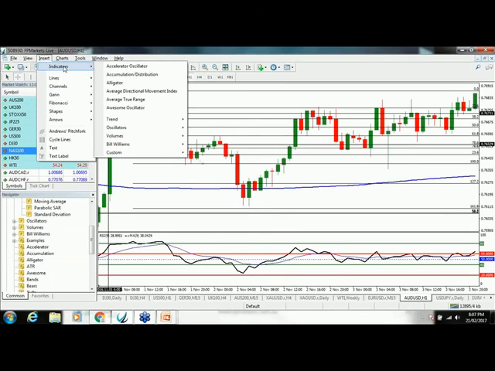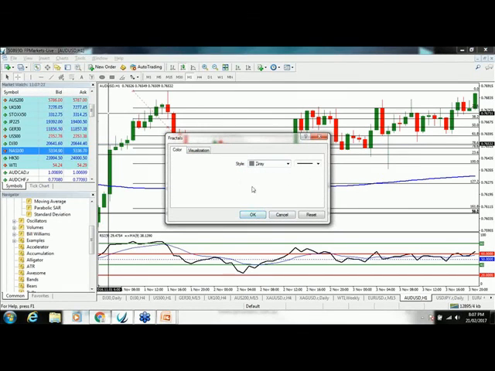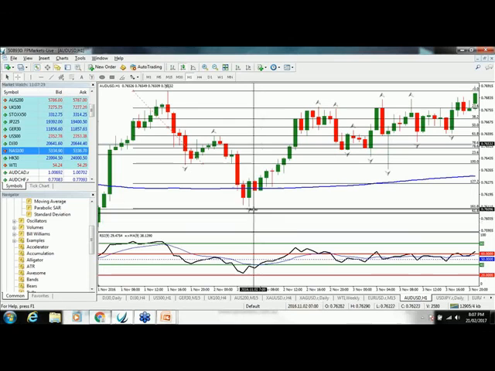So if you go to indicators, and then you scroll down to Bill Williams, and then you select fractals, I'm just going to leave it on gray, hit that, and you can see it prints all these pivot points for you. Okay, so that's what that looks like.